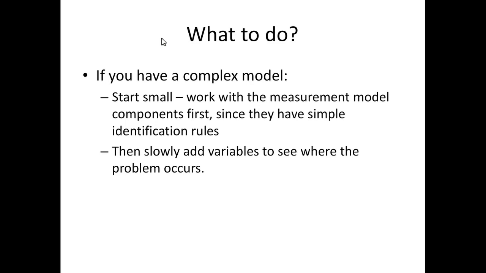But let's say you have a fairly complicated model with lots of measurement models and several structural components. Start small. So make sure each measurement model runs first, since they have the simpler identification rules. Then slowly add the relationships between them to see where the whole thing breaks down.